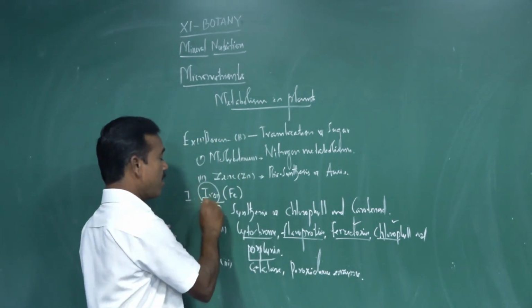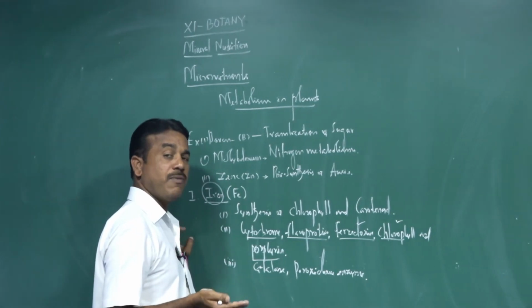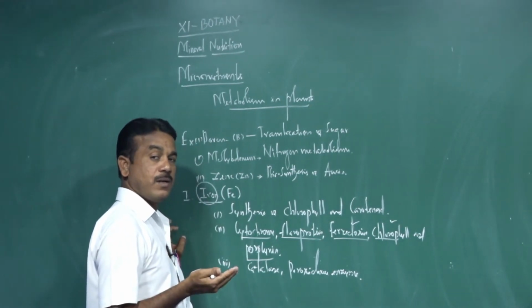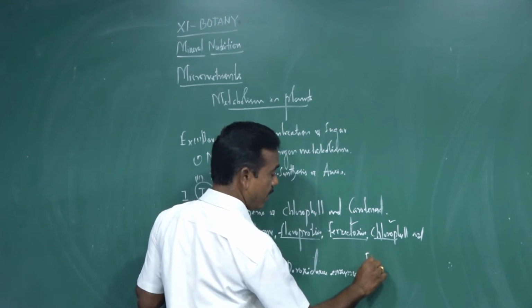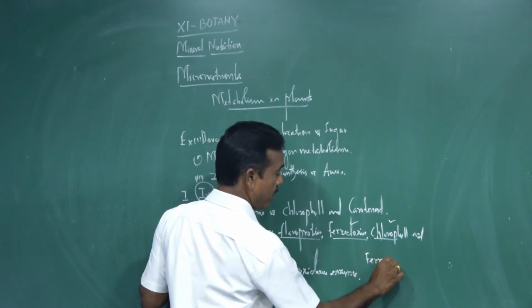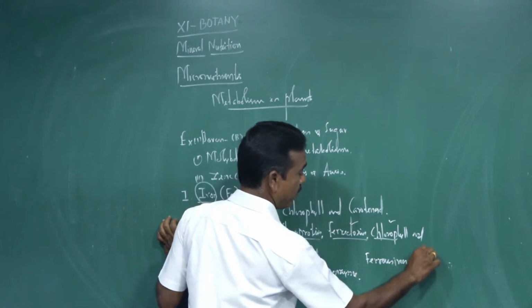For iron, in which way does the plant take it up? Iron uptake in plants happens in two ways. For example, ferrous ion, called Fe2 plus ion.